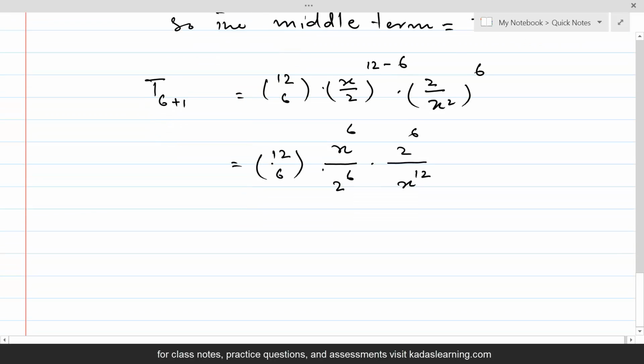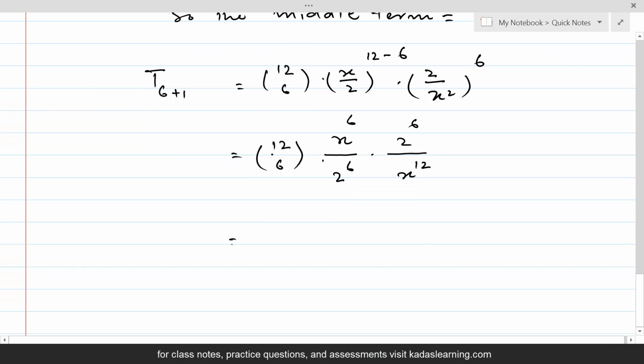So this would be equal to 12C6 times 1 over x^6. So this is the required seventh term, or in other words, the middle term in the expansion of the given binomial expression.